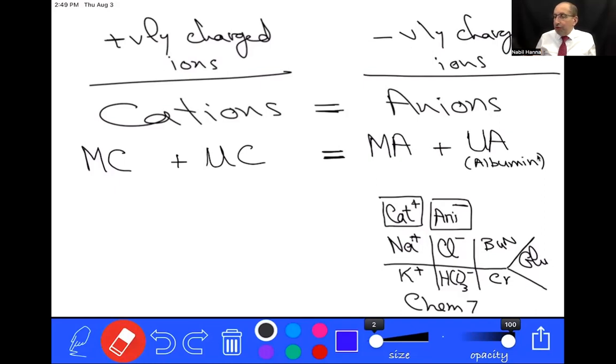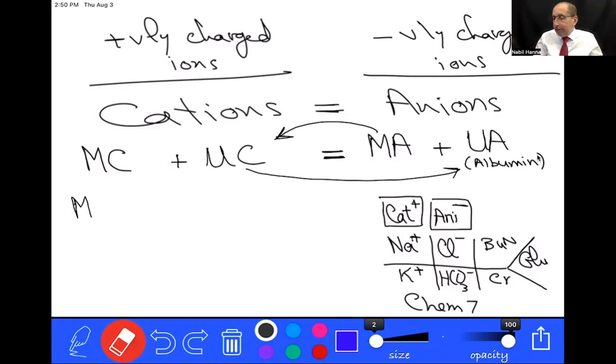Let's move the measured anions to this side of the equation, and move the unmeasured cations to the opposite side. And we learn that once you cross the equal sign, you should acquire the opposite sign. So when we rewrite the equation, it's going to be rewritten as follows.